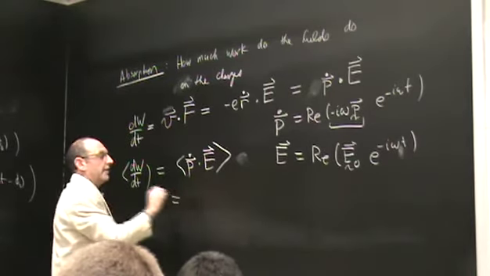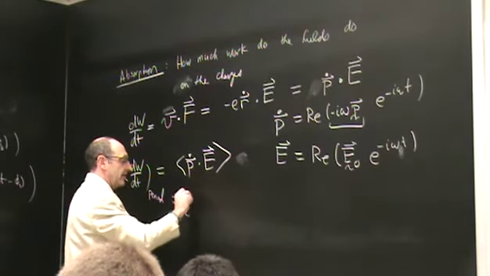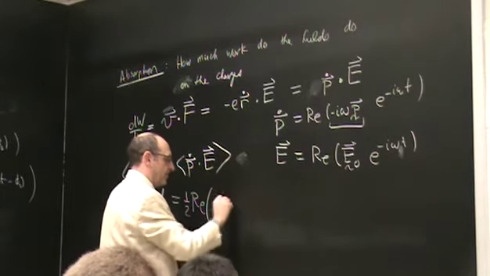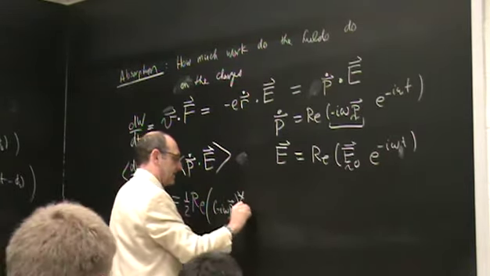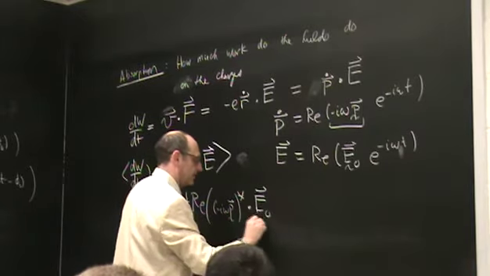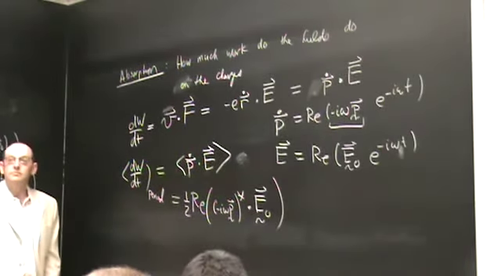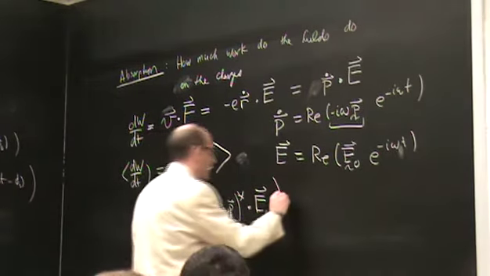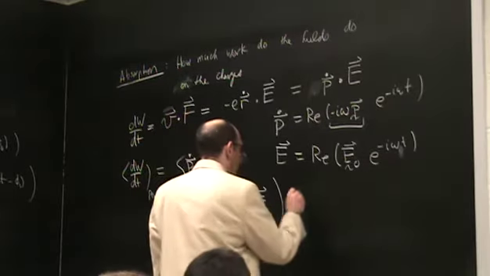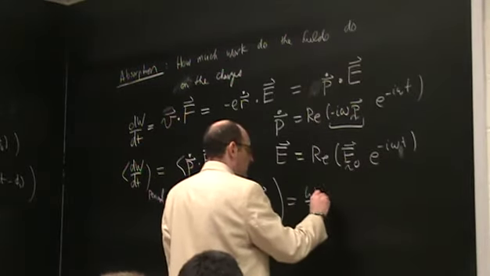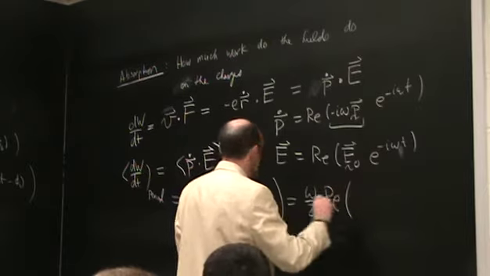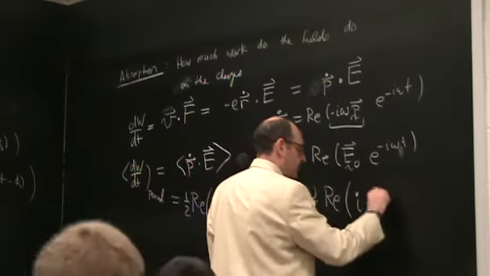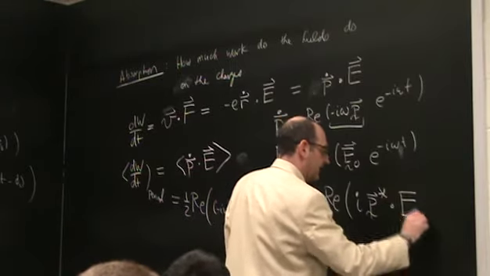So the time average then is 1/2 the real part of the complex conjugate of one of these dotted into the other. Okay? So now we can plug that in. We got omega over 2, we got the real part of i, P twiddle star, dotted into E naught.